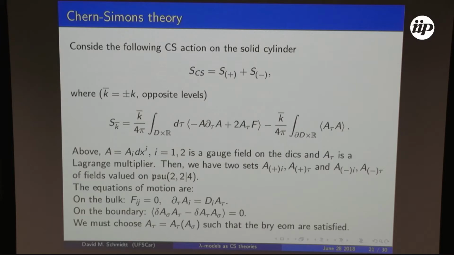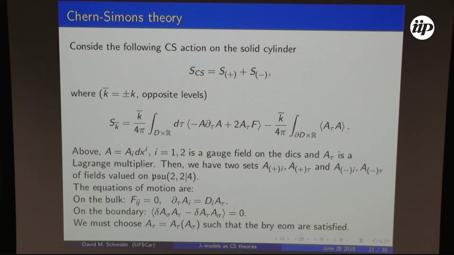So the equations of motion are as usual. The first one is that on the bulk, or on the disk, the gauge field is flat, and the other condition is written, it's completely flat, but it's split in terms of the x1 and x2 directions on the disk plus the time direction of the field strength in 3 dimensions.